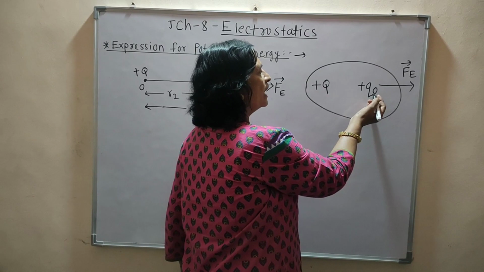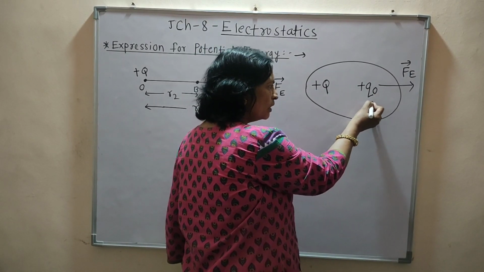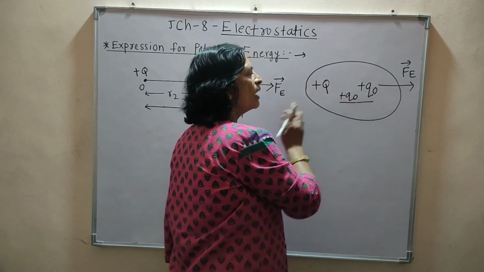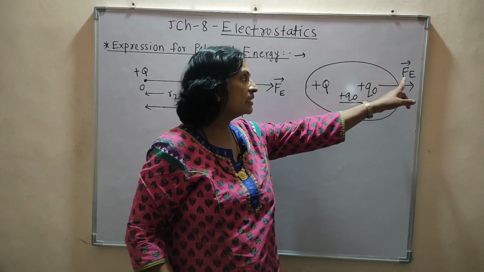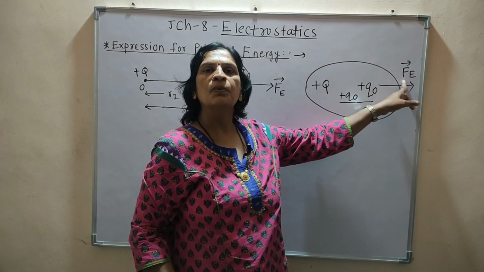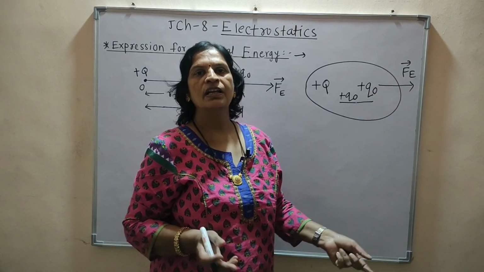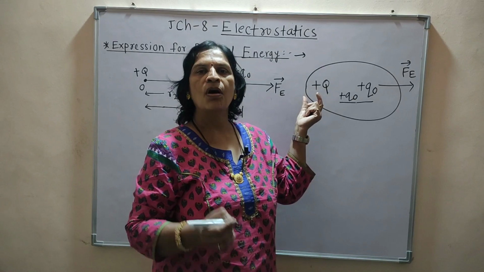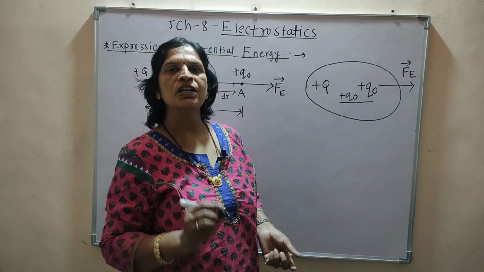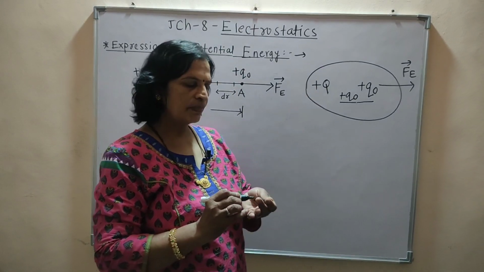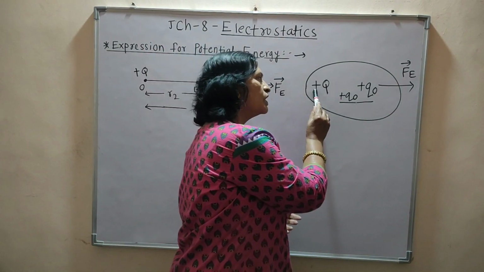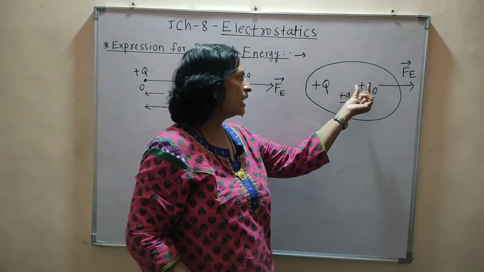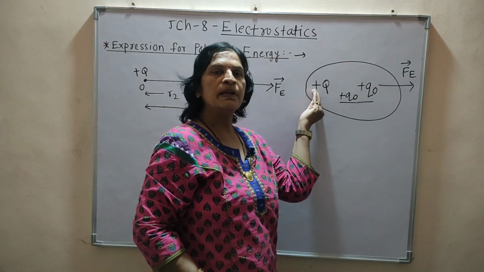Suppose we have to displace this test charge through some distance. At that time we have to do work against this electrostatic force of repulsion, and this work is stored in the form of electrostatic potential energy. Okay, I repeat: when a source charge is there, it produces a field around it, then the test charge is moved in this field.